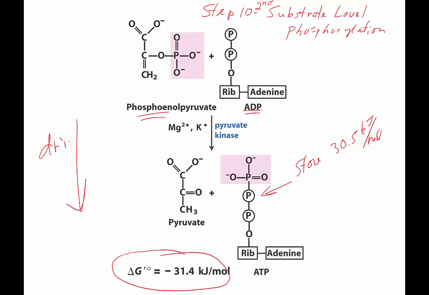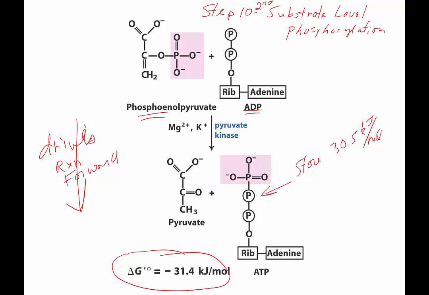So this is a driving force. And it drives the reaction forward, and makes this a metabolically irreversible step. So steps 8, 9, and 10 in essence are coupled together. They couple together at least in purpose.